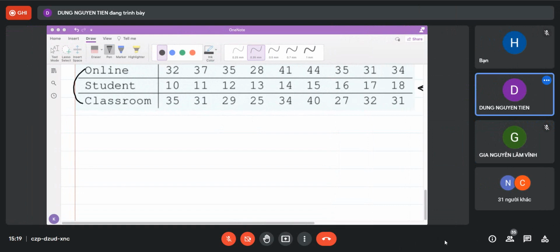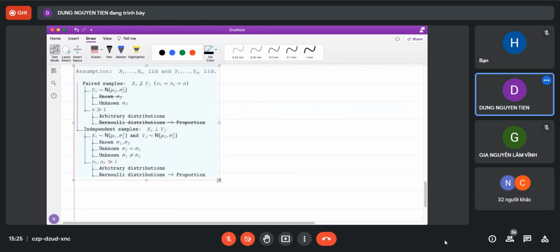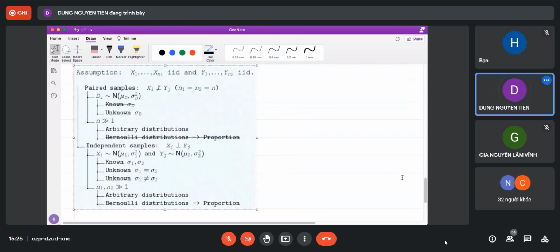Okay, now I want to give you the outline of what we are going to learn in this chapter. Okay, so in this chapter, there are 2 samples, right?